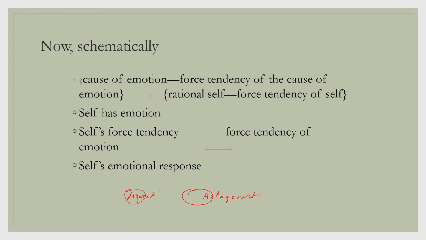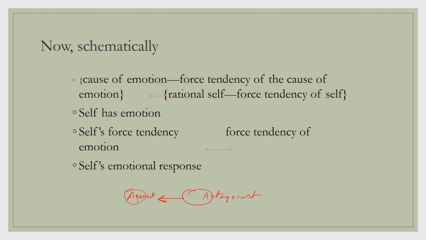Now, if the force from the antagonist is strong enough, then we will have one kind of reaction. And if we still manage to retain balance, then we will have different kinds of output in terms of emotion.